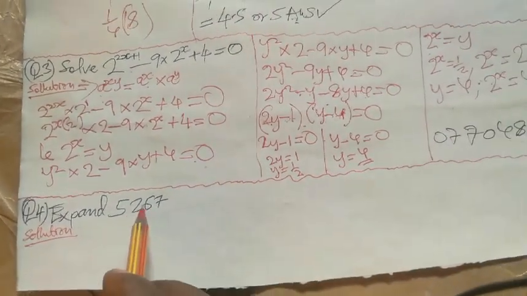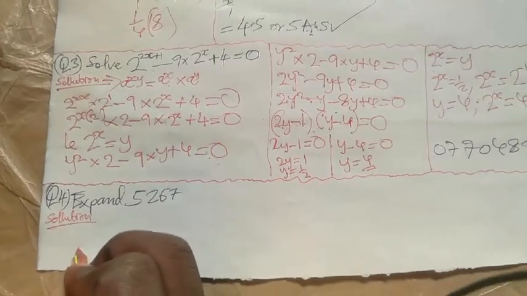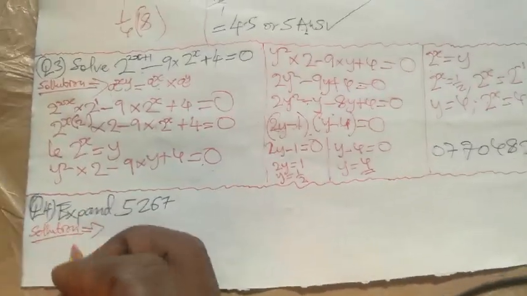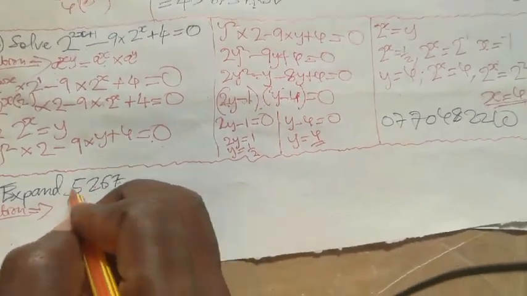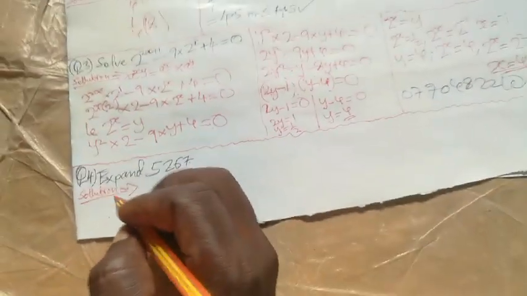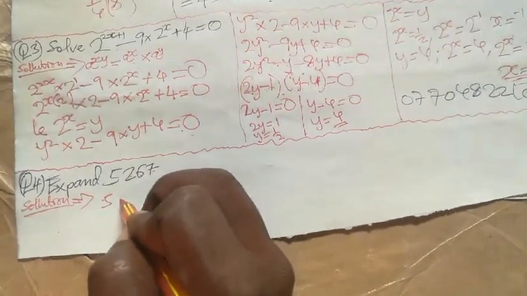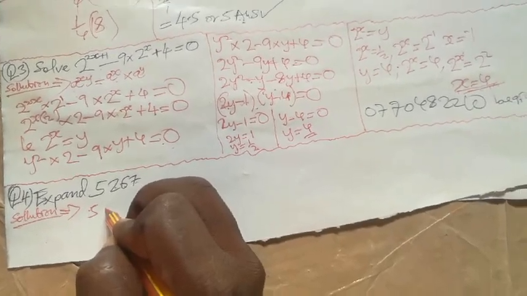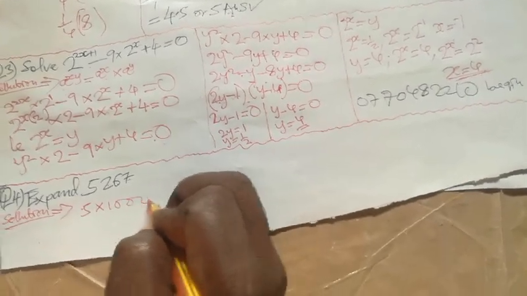Expand 5,267. Now to expand this number, we say solution. The first value is in thousands: 5 times 1,000.